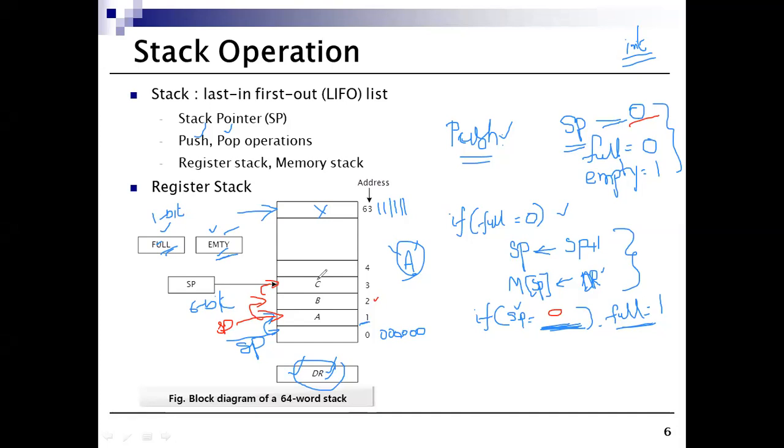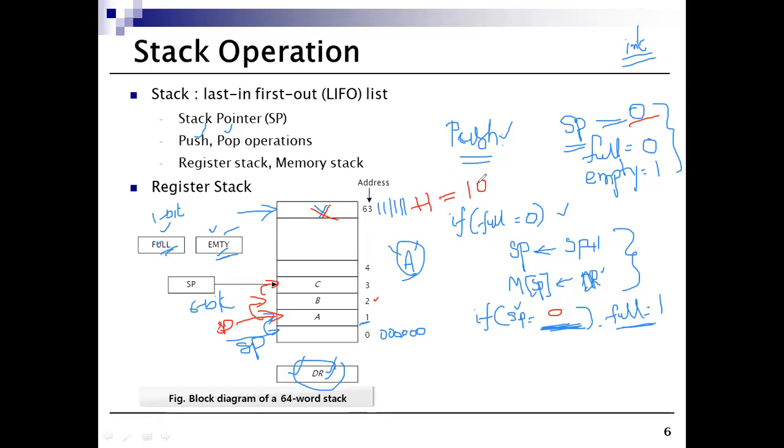Likewise, I am incrementing the stack pointer till 63 and I load the next element, let it be X. After this, because there is still one more empty location, I will not make my full as 1. Now a new push operation happens, so your SP will be incremented. There are six ones and it is incremented by 1.